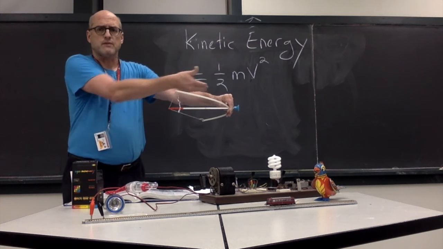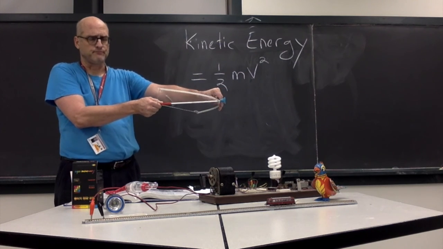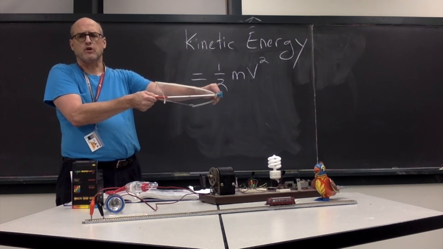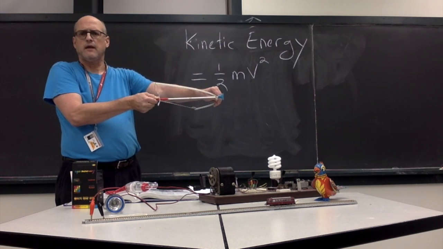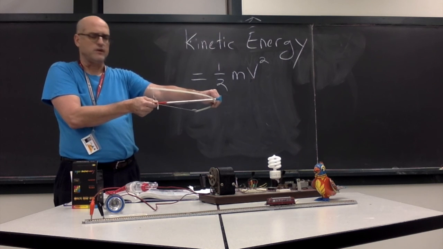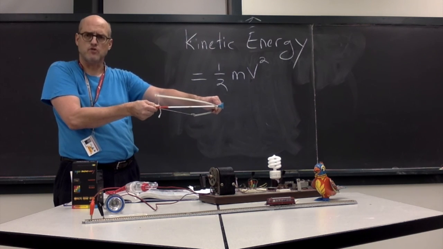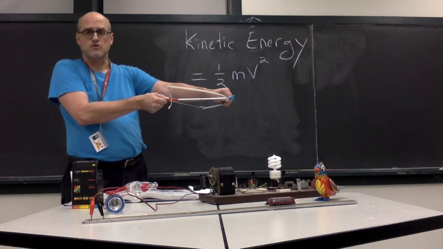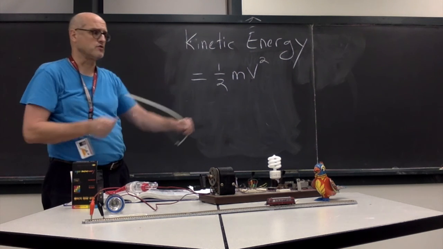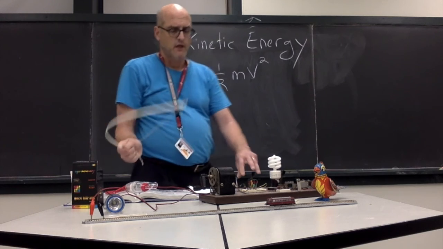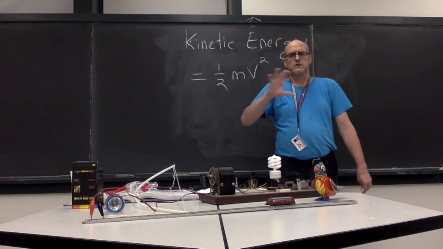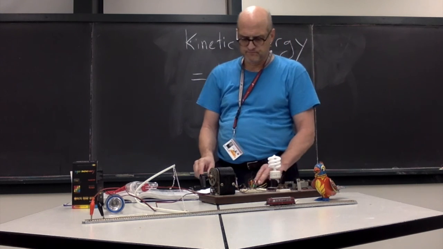But there's an elastic potential energy in here. And when I release this, the bow does work on the arrow. The elastic potential energy is converted into energy of motion, which we call kinetic energy. And we'll be doing an activity in the future using the bow and arrow.